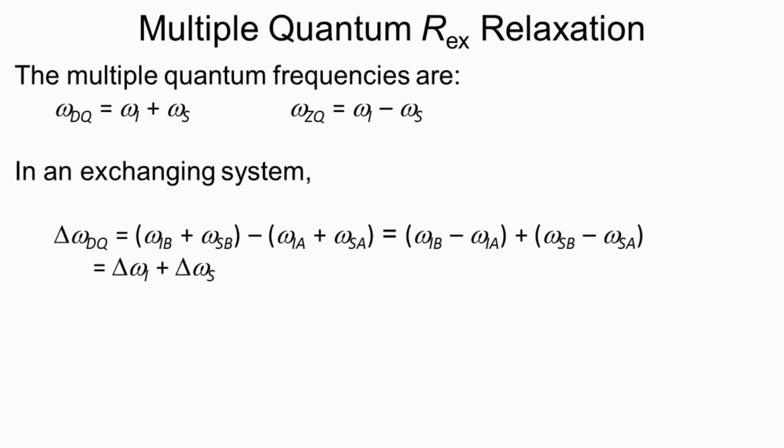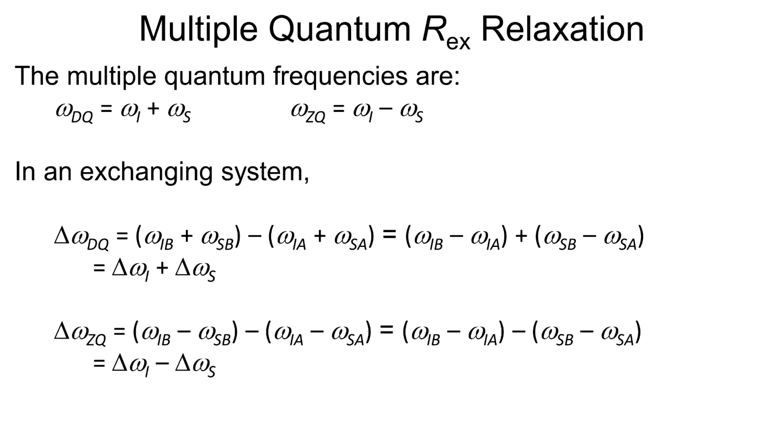And similarly, the frequency difference for the zero quantum frequency is just the difference. So in an exchanging system, the difference in double quantum frequencies is easily calculated to be the sum of the frequency differences for the I spin and the S spin. And for zero quantum, we simply have the difference in the change in frequencies between the two.